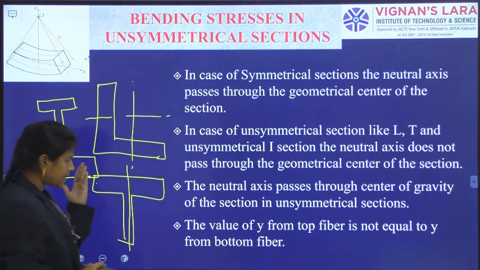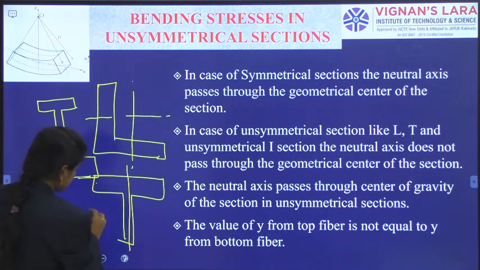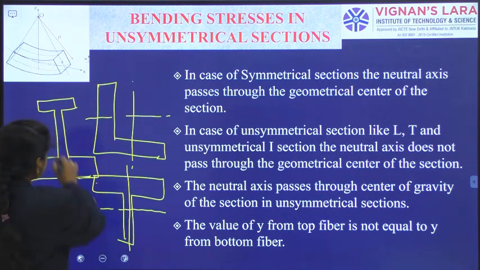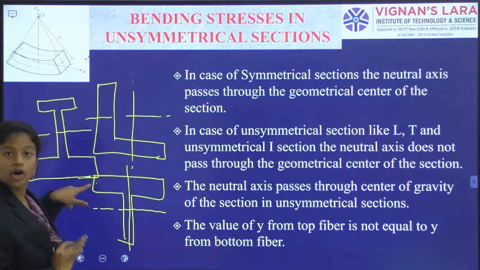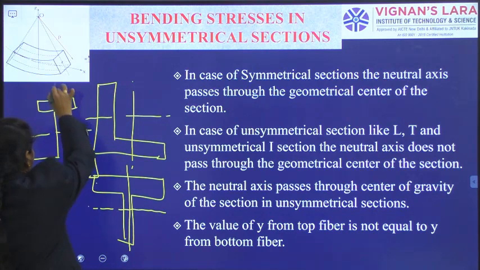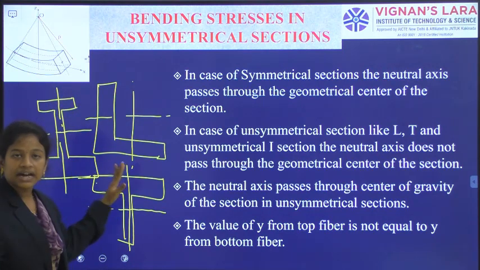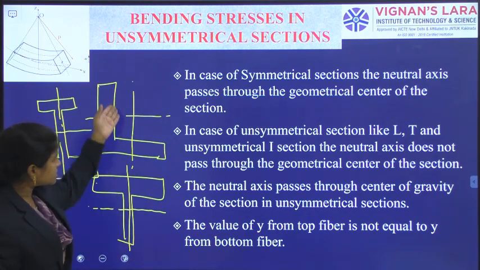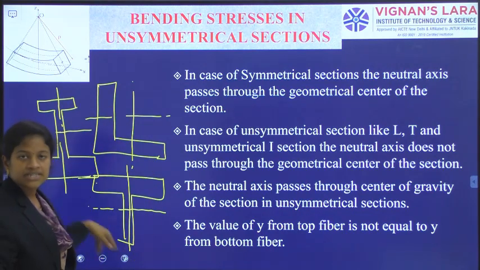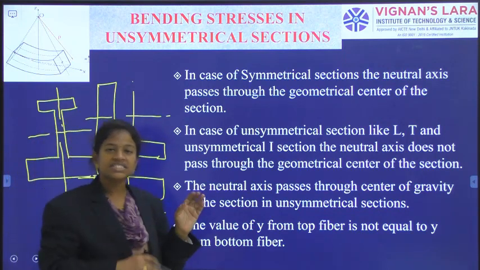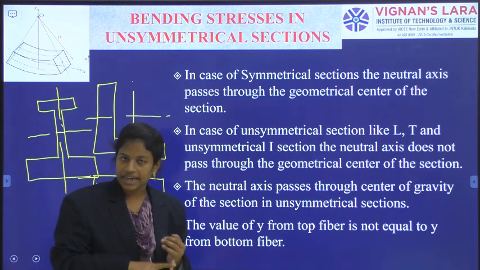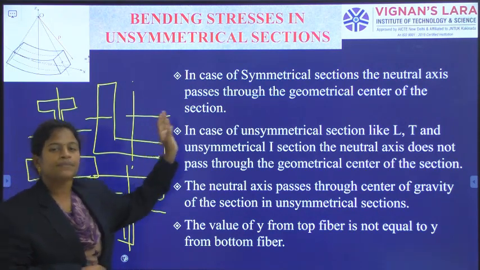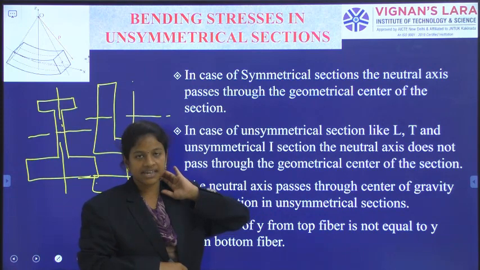Here only the left segment and right segment are symmetrical, but the top segment and bottom segment are not. Only about one axis it shows symmetry, or it shows no symmetry at all. Sections which do not have symmetry about both axes, the x axis and the y axis, along the horizontal and along the vertical, we call unsymmetrical sections.